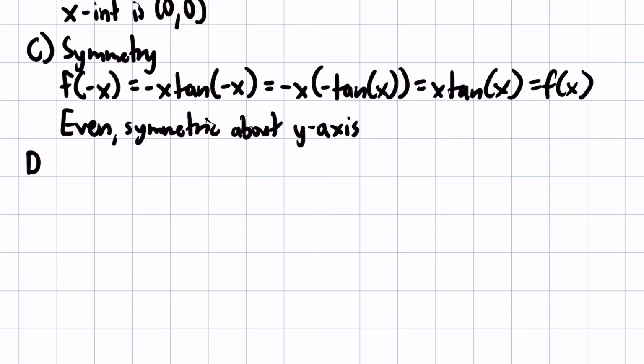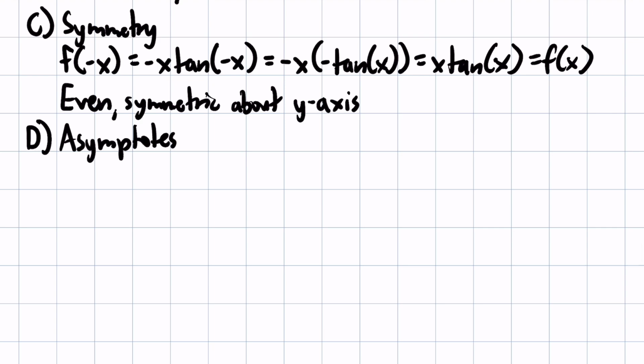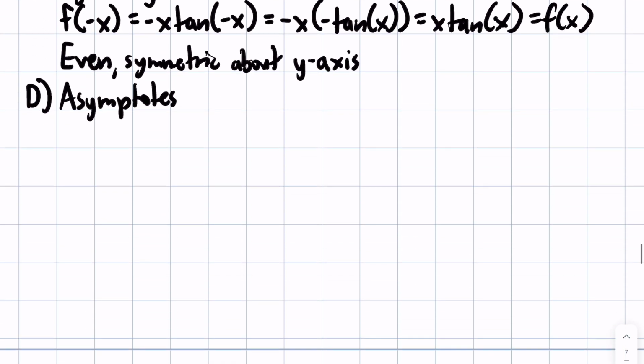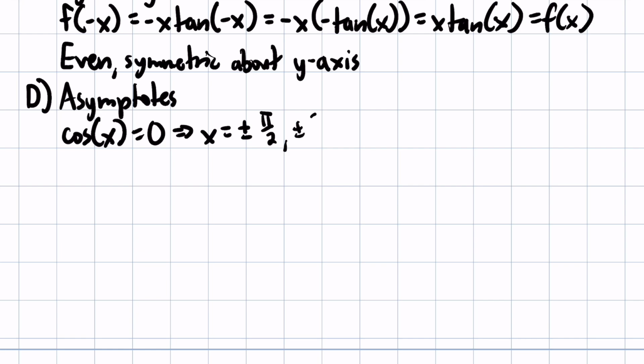Now we need to think about asymptotes. So in terms of finding asymptotes, it's similar to finding the domain, right? We would set the denominator equal to 0, that's cosine. Cosine of x equals 0, and if you remember from that part, that would mean x equals plus or minus pi over 2, plus or minus 3 pi over 2, and so on. None of those are in our domain, right?